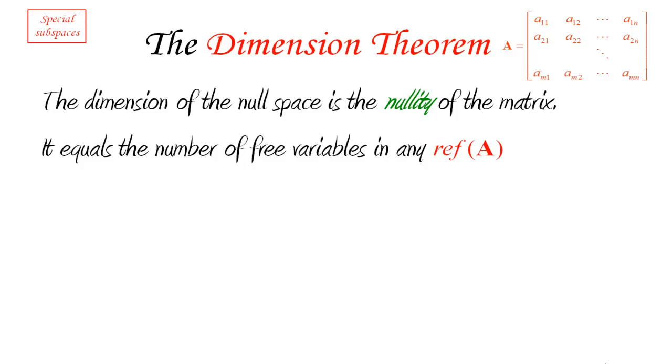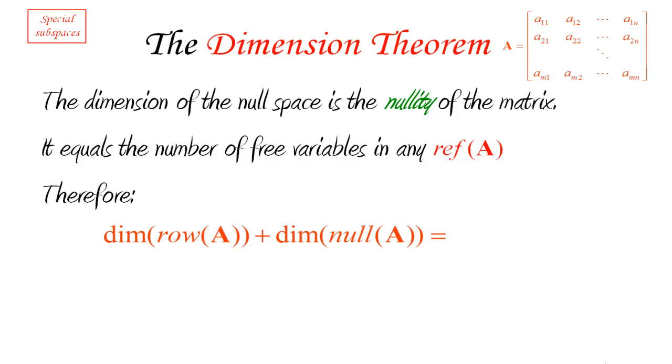On the other hand, we noticed earlier that the dimension of the row space or the column space is exactly equal to the rank, which is the number of pivotal variables, or basic variables. Each column corresponds to either a pivotal variable or a free variable. And therefore, great big important theorem, if you add up the dimension of the row space and the dimension of the null space, what do you end up with?